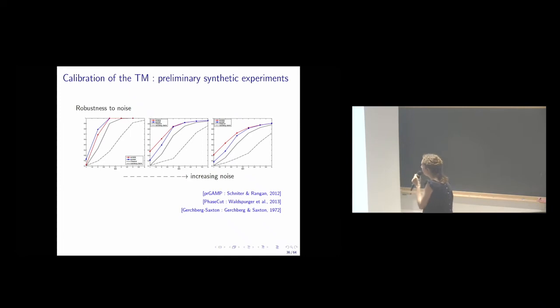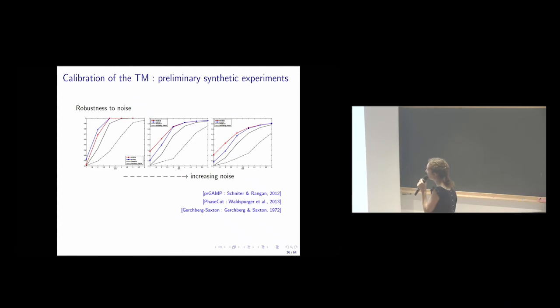Before I deal with the experiments, I did some preliminary synthetic experiments, and I think this could be interesting for you to see. Here you have four different algorithms which are compared. In blue, this is Pierre Gamp, which relies on beta approximation, and you see that it outperforms the others.